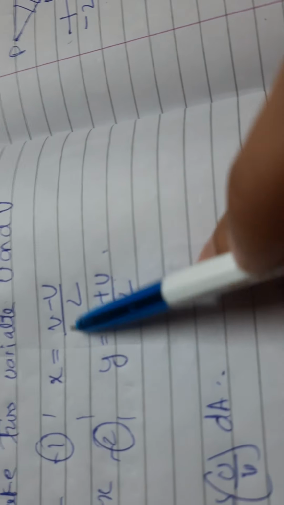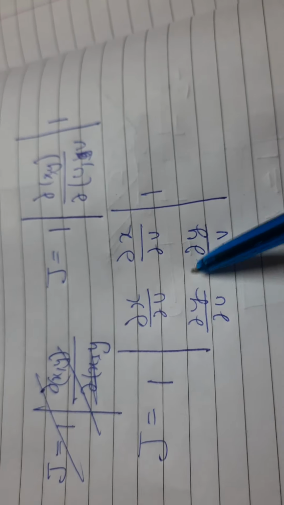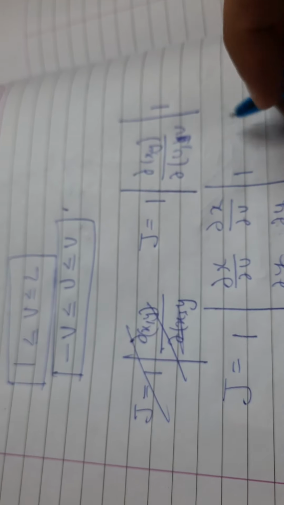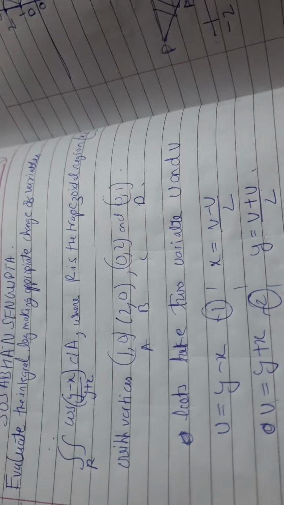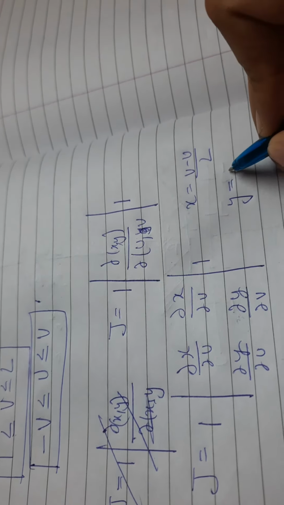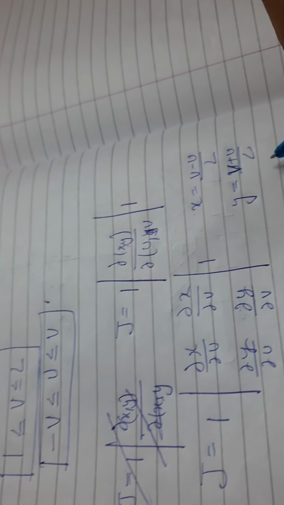Here we have to do this partial differentiation of these equations, which were x equals (v minus u) by 2 and y equals (v plus u) by 2.